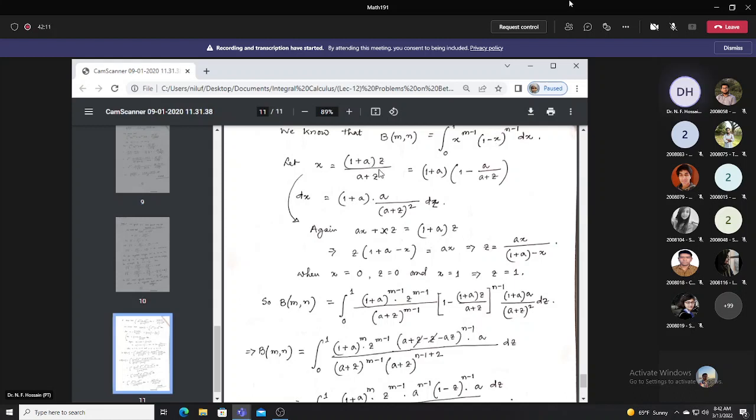This (1 plus a) into z by (a plus z), and the power is n minus 1. And what is the value of dx? dx is this: (1 plus a) into dz divided by (a plus z) whole square.